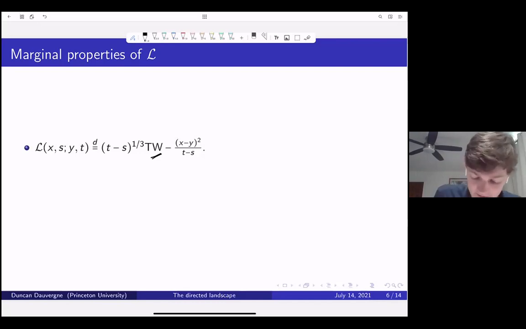The second thing you'll notice here is this (x minus y) squared over (t minus s). So there's also a deterministic part to the 1-point distribution. The way you can think about this is, if I got rid of the random Tracy-Widom part and just saw the deterministic part, that's the scaling limit you would see if you applied this 1, 2, 3 KPZ scaling to the usual Euclidean metric.